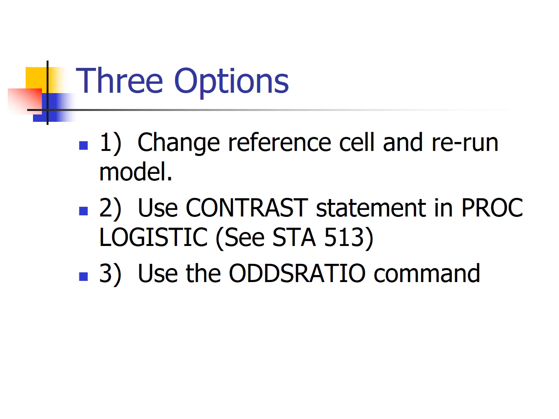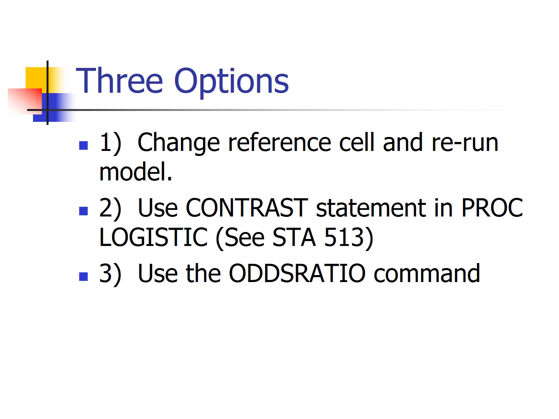So one pretty quick and easy option is just change our reference cell, right? If you wanted the odds ratios of black to Hispanic, you could just change that reference. Instead of reference equals white, you could do reference equals black. Done and done. You can also use contrast. There's a contrast statement, which is available in Proc Logistic, just as it is in many modeling procs.